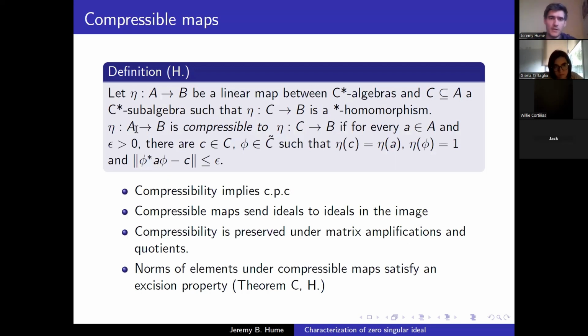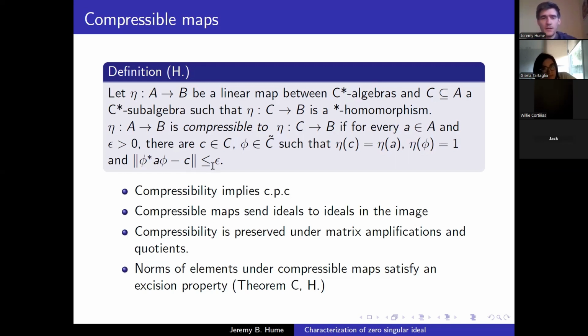Then we say that eta is compressible to this star homomorphism if for every element A and epsilon, there's a C inside the subalgebra as well as a phi in the unitization of the subalgebra, such that eta of C is equal to eta of A, eta sends phi to 1, and the compression of A by phi is within epsilon of C.